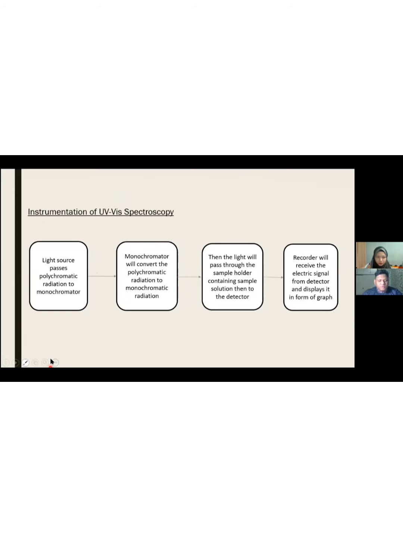All right, so the general principle of UV spectroscopy is absorption spectroscopy based on the phenomenon of electronic excitation. When UV passes through a sample, the atom or molecule will absorb the energy, then move from the ground state to the excited state. If this occurs, the residual radiation, when it passes through a prism, produces a spectrum with gaps in it, which is called an absorption spectrum.